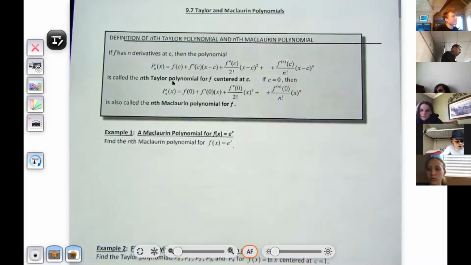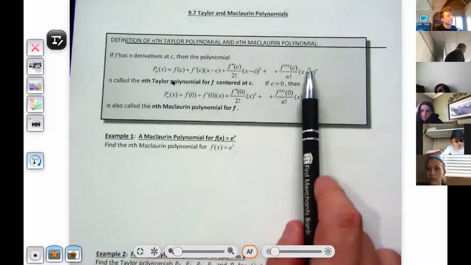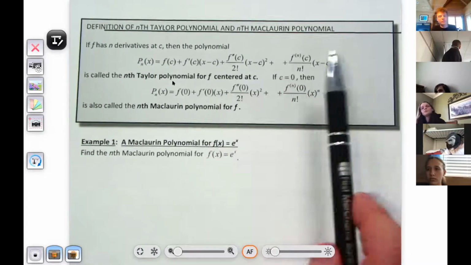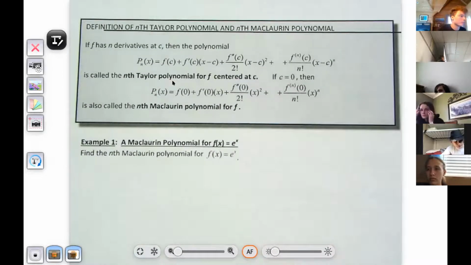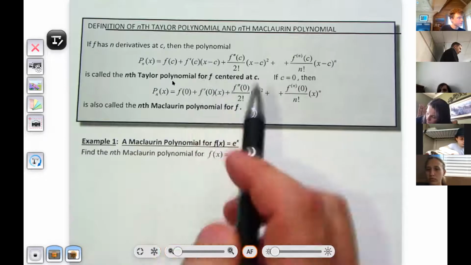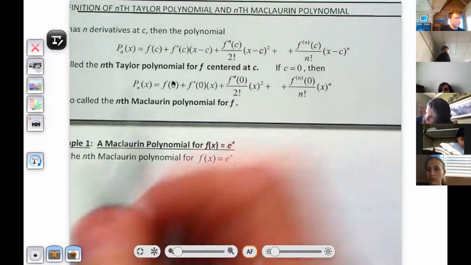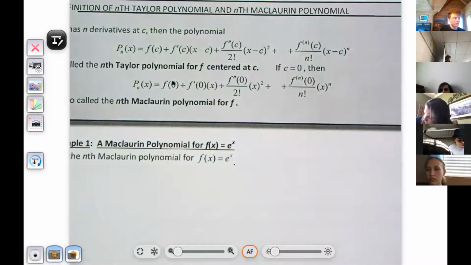You are going to have to know this formula. This is a formula that you 100% have to know, but it's kind of nice in that I'm going to show you some little tricks to help you. It always starts with the initial constant. But then what I want you to notice is that in terms of the derivatives, the powers and the factorials, they always match.